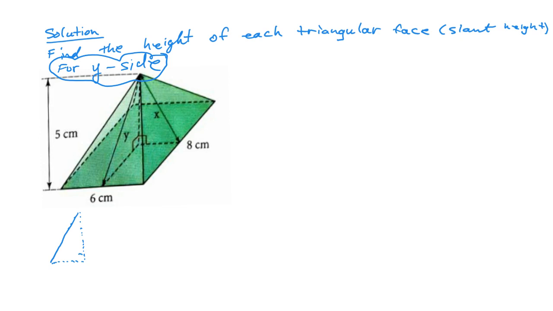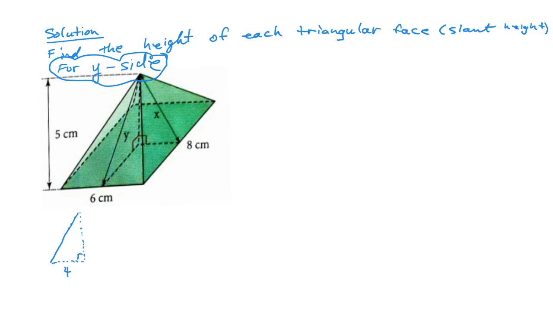So now this is a right angle triangle. The distance along this portion of the triangle here is exactly half of this 8 that I have here. So instead of 8, we're going to use 4 on the base of our triangle.